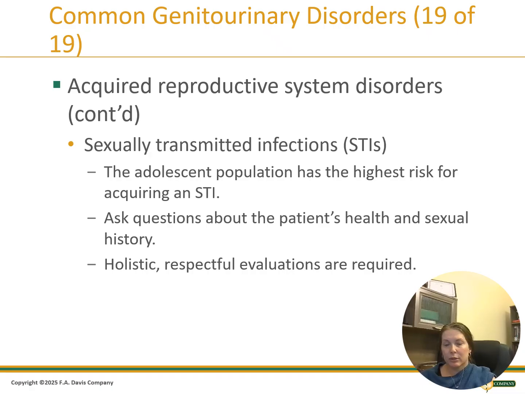Acquired reproductive system disorders, so sexually transmitted infections. So our adolescent population is going to be at the highest risk for this due to factors of unprotected sex, multiple partners, just plain lack of knowledge about prevention, and then limited access. So whether that's money, embarrassment, just lack of access to healthcare. So on our assessment, we want to just ask non-judgmental questions about their overall health and sex history.